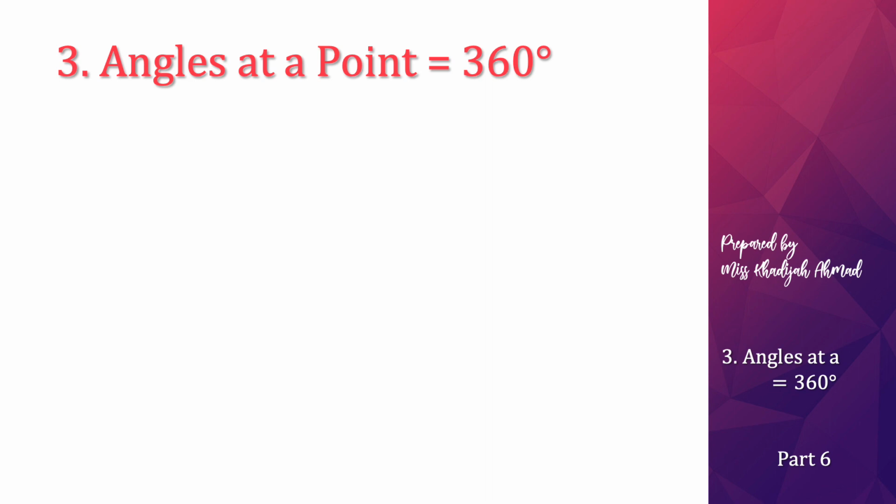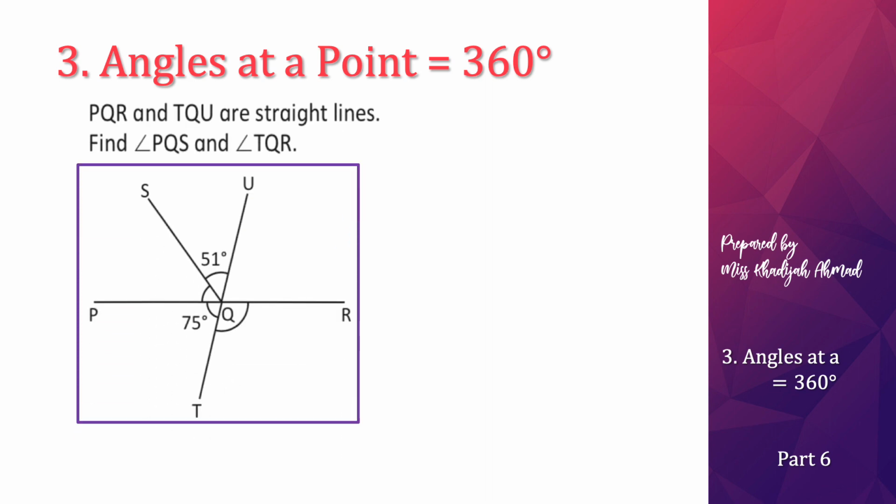Page 109, question 4. Here, the question asks for two unknown angles instead of one. They are angle PQS and angle TQR. Since PQR and TQU are straight lines, which means the sum of angles equals 180 degrees, that hint will help us. First, find angle PQS.